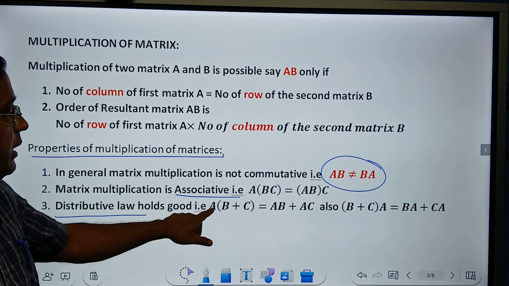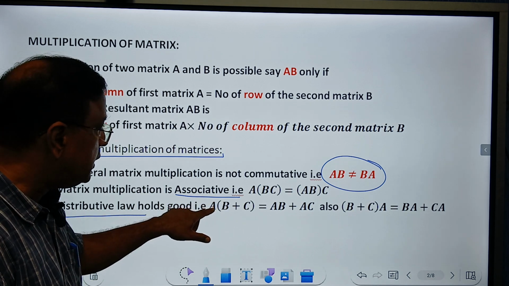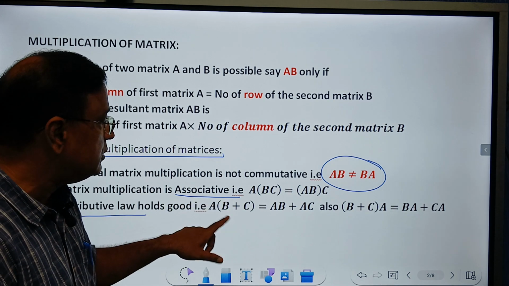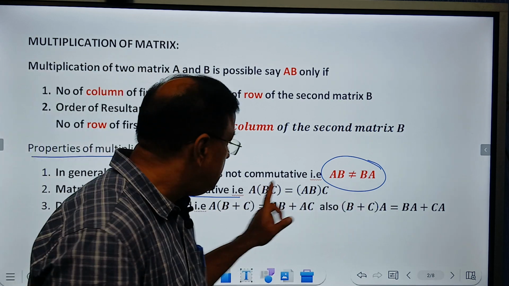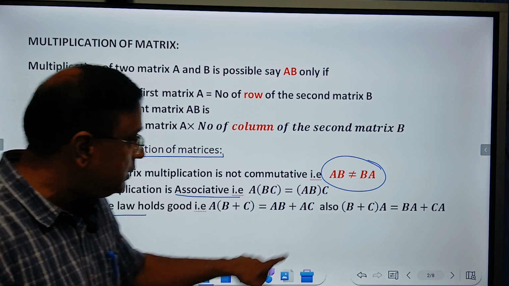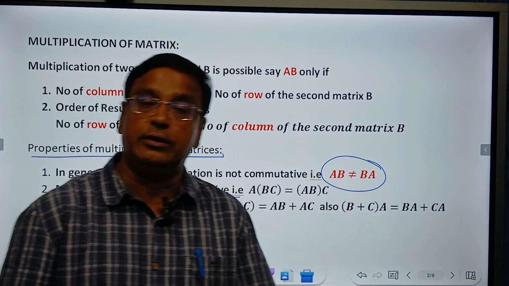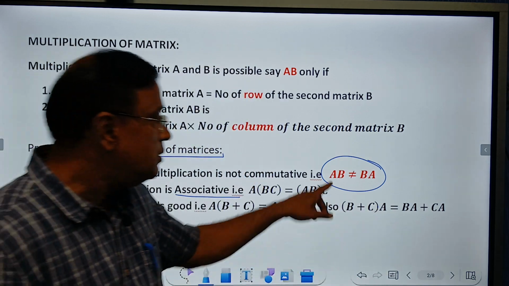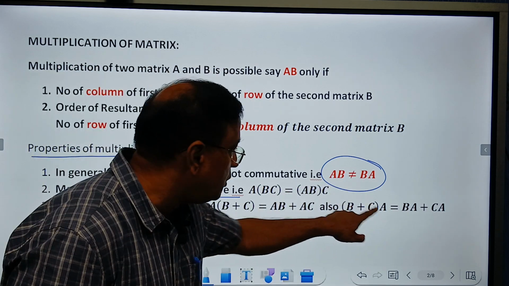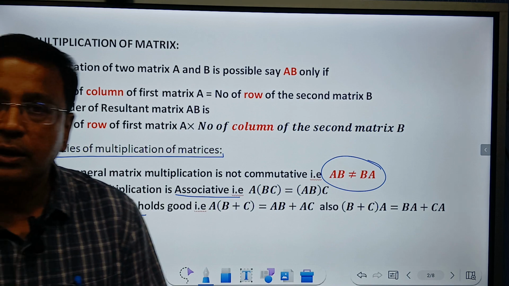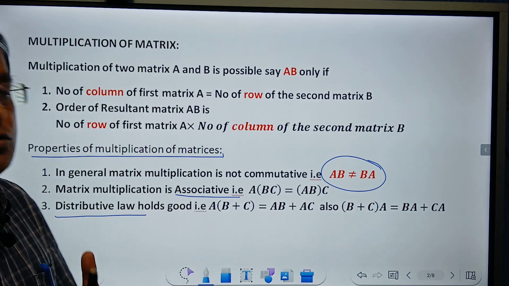A into B plus C, multiplication is distributed over addition: AB plus AC. This is the left distributive property, and there is also the right distributive property, and you have to mention both because they do not satisfy the commutative property. These two are not the same. So these three properties you should keep in mind.